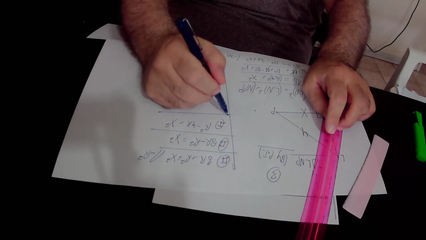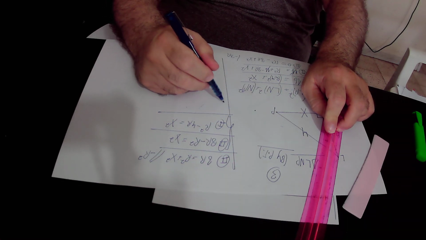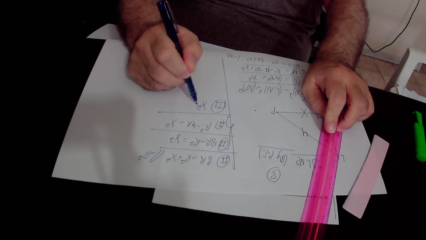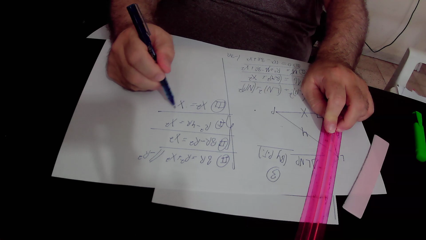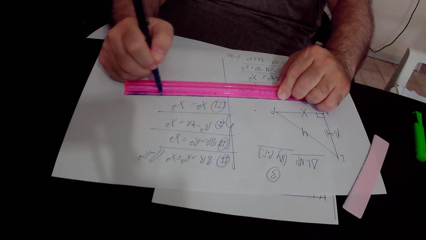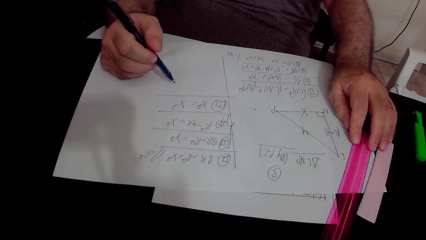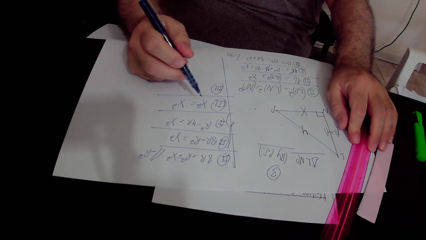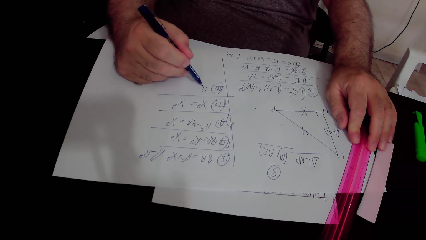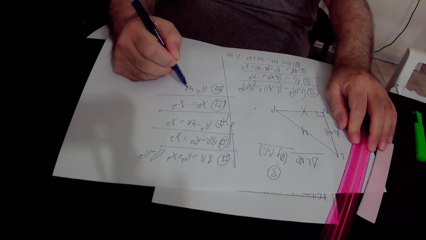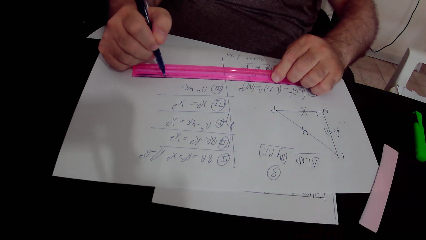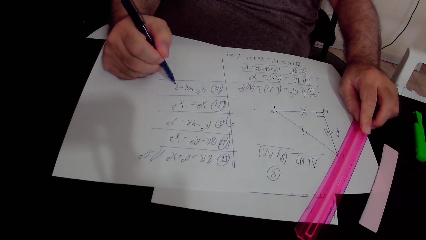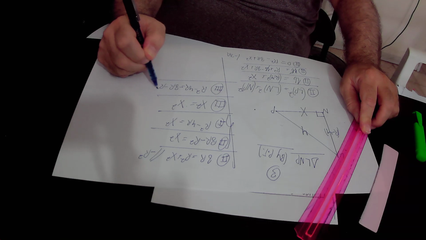Now we will create equation number 3 that states that x squared according to equation number 1 must be equal to x squared according to equation number 2. So actually x squared according to equation number 1 is r squared minus 4r, and it must be equal to x squared according to equation number 2, that is actually 8r minus r squared.